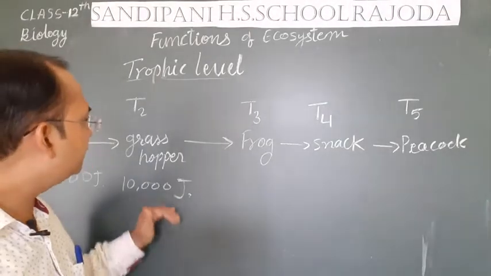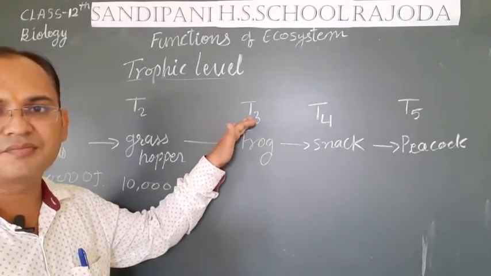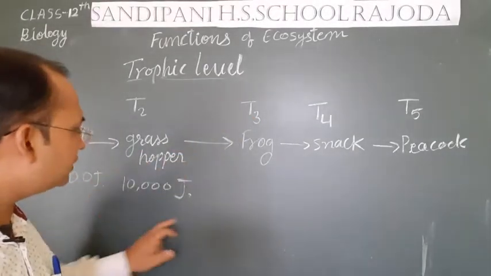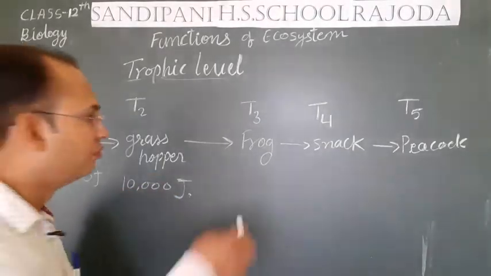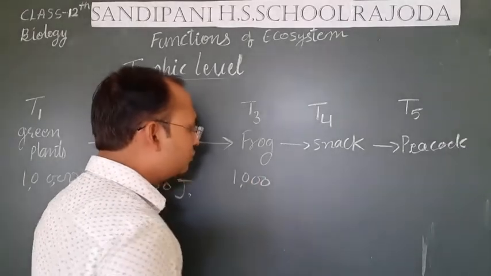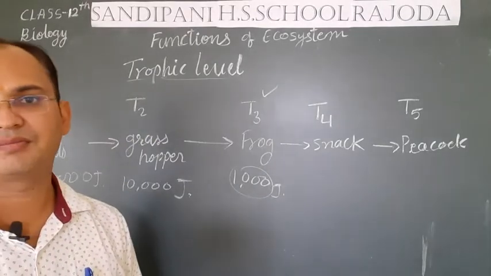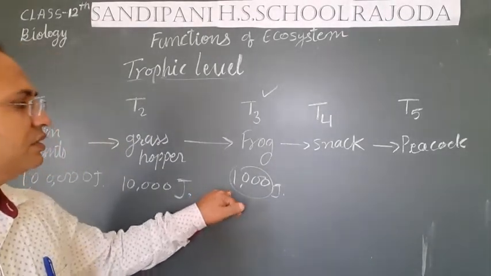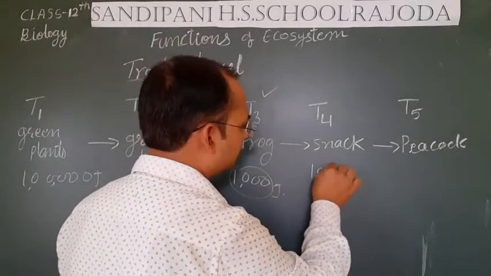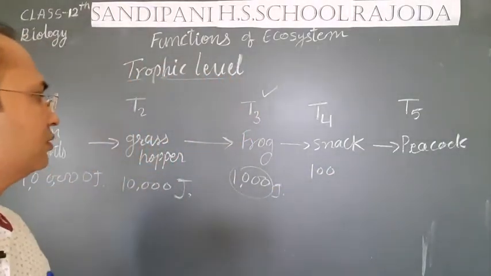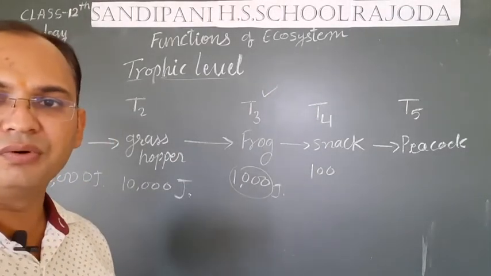Now, if we talk about the transfer of energy from trophic level 2 to trophic level 3, then 10% of this 10,000 joule will be transferred, and 10% of 10,000 is 1,000. So only 1,000 joule of energy will be available for third trophic level, and in the same way 10% of the 1,000, that is 100, will be available for trophic level 4.